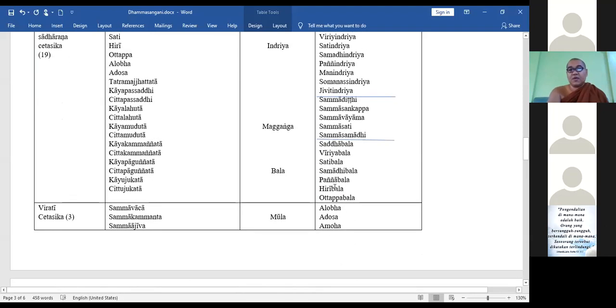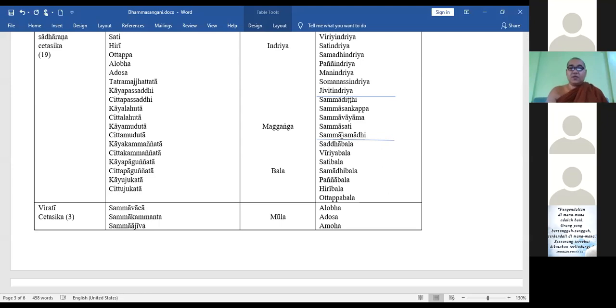So another one is regarding the Magga factors: Samma Ditthi, Samma Sankappa, Samma Vayama, Samma Sati, Samma Samadhi, all that. Ditthi means wisdom, or sometimes you can say ditthi means view. But with the combination of the previous Samma, it became right view, good view.